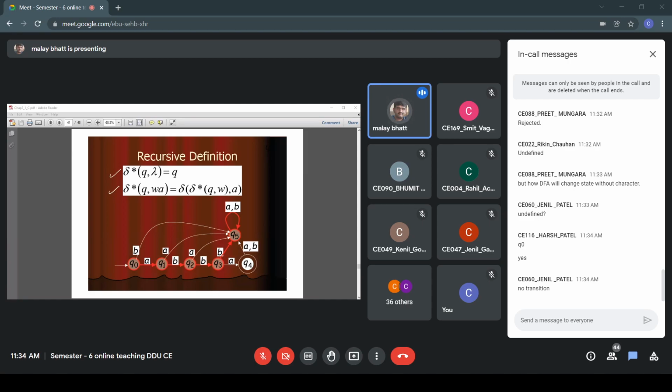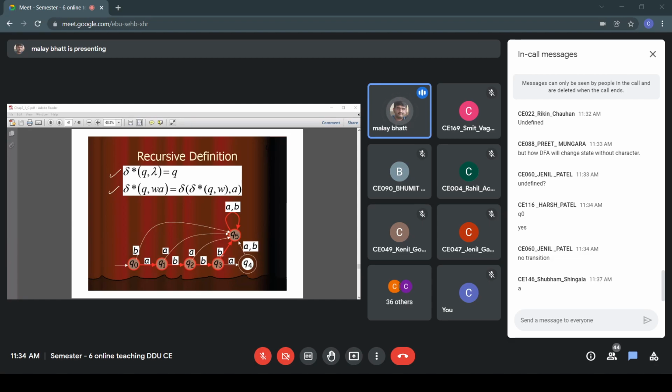So let's see an example of how this actually works. I'm taking a very simple example: delta star of q0 comma ab, to understand this. Can you tell what w is here?